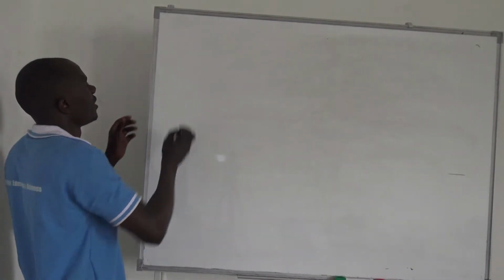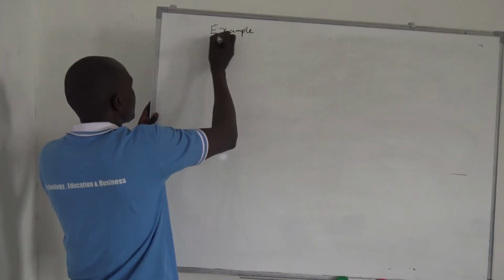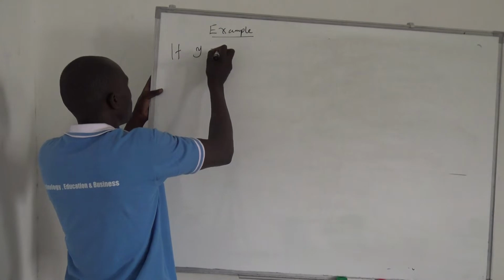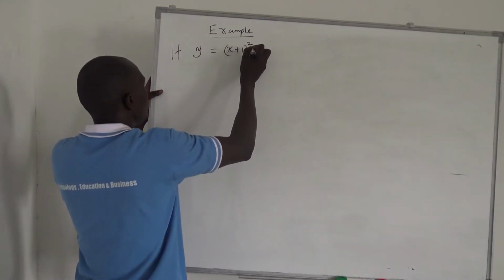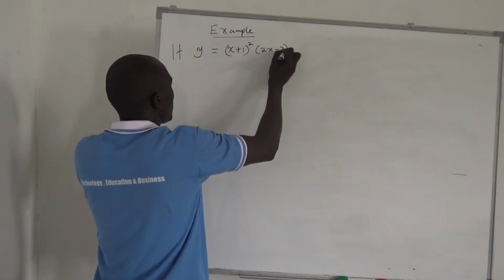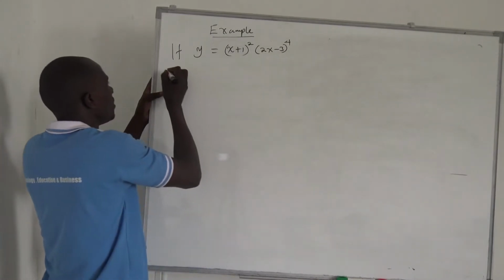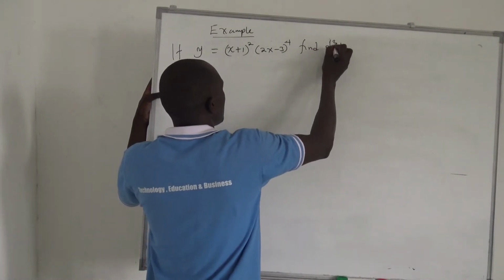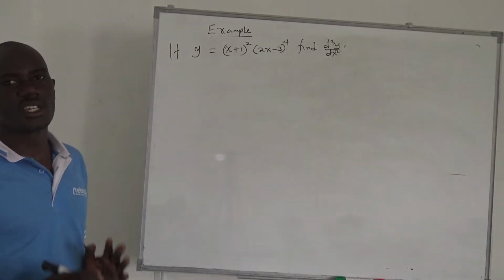Another example: if y equals x plus 1 power 2 into 2x minus 3 power 4, find d²y/dx², the second derivative.